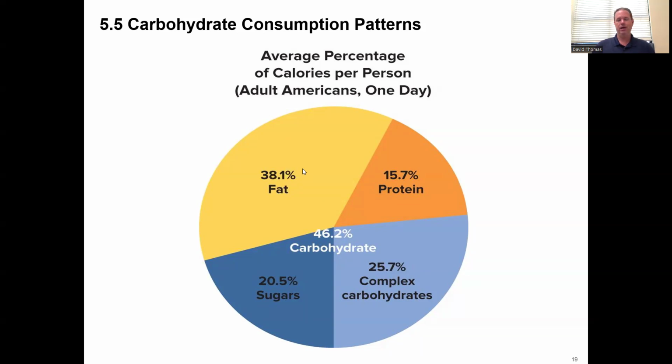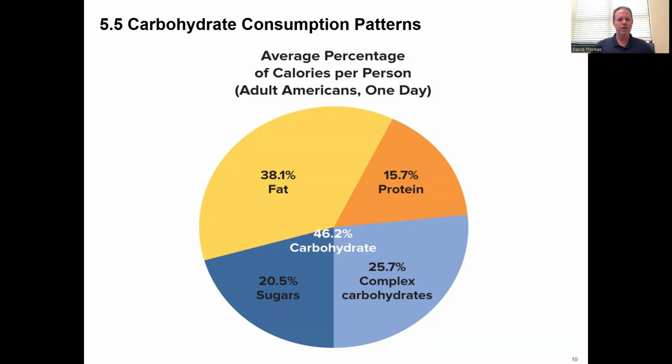Now, fats have a lot of caloric value, a lot of energy associated with fats. In fact, on a per gram basis, you get about 9 calories per gram from fats versus about 4 calories per gram from carbohydrates. But again, we're taking in more carbohydrates as a whole versus fats. Not too surprising that only about 15% or maybe a little bit more from protein gives us calories.